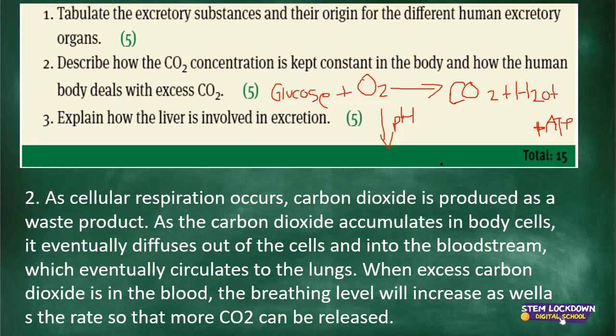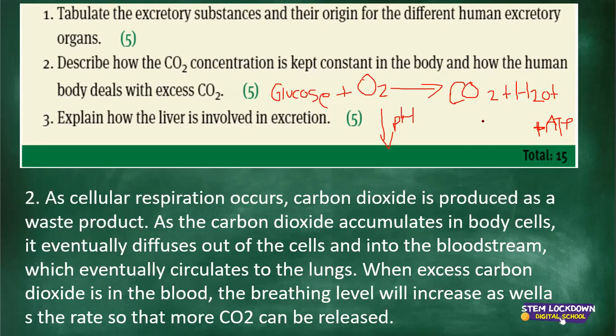As soon as it gets that message, it ensures that the breathing rate increases, as well as the heart rate. Why is the heart rate increasing? So that the heart can pump more blood and more oxygen around the body. The breathing rate increases so that more oxygen can be taken in.